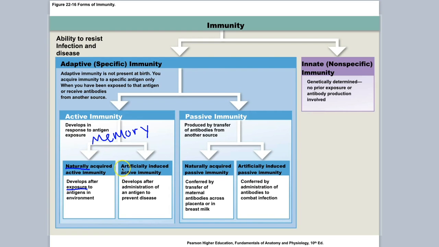We also here have artificially acquired active immunity that develops if we have some artificial administration of that pathogen or part of that pathogen. So this is what occurs when we give someone a vaccine, because vaccines are essentially parts of viruses or weakened viruses that we inject into the body.